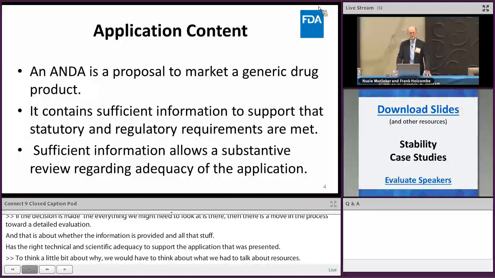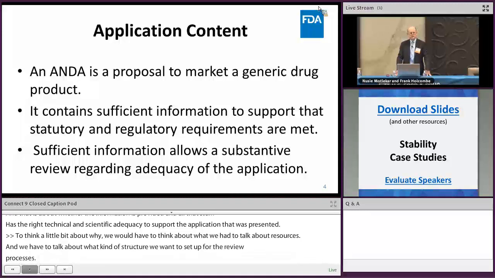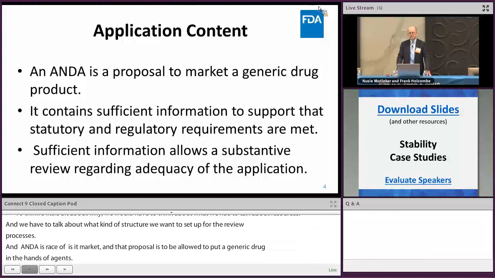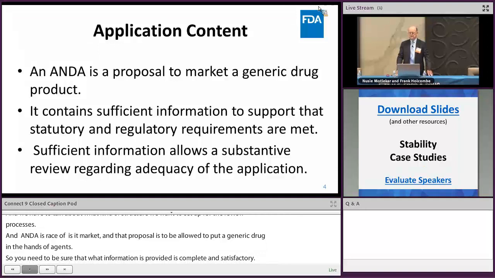And that proposal is to be allowed to put a generic drug in the hands of patients. So we need to be sure that what information is provided is complete and satisfactory. And the language that's used in guidances and in some of the regulations is, and I'll read this, it contains sufficient information to support that statutory and regulatory requirements are met.